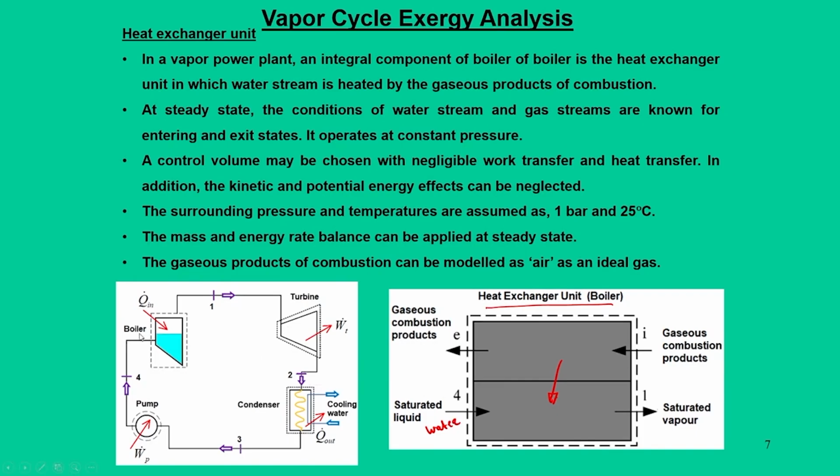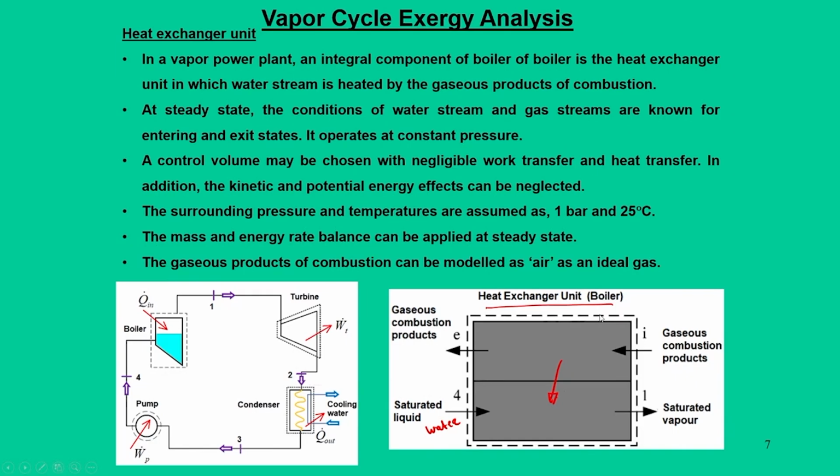So, here if you look at the boiler, the working fluid, that is water, enters at state 4 and goes to state 1. So, from 4 to 1 its enthalpy changes and it receives heat from the gaseous products of combustion.